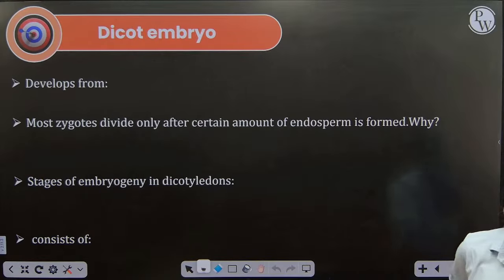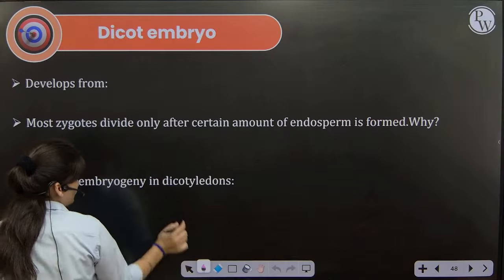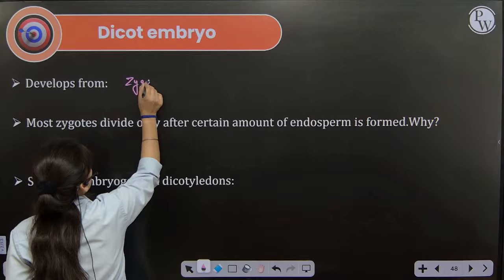Next, dicot embryo. So dicot embryo develops from zygote. It will give rise to embryo.